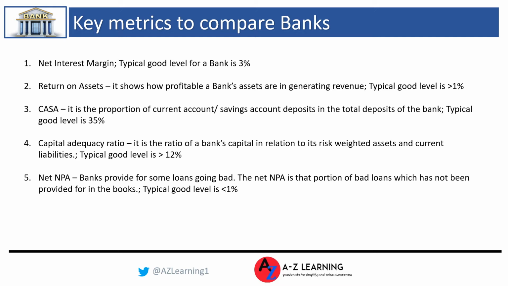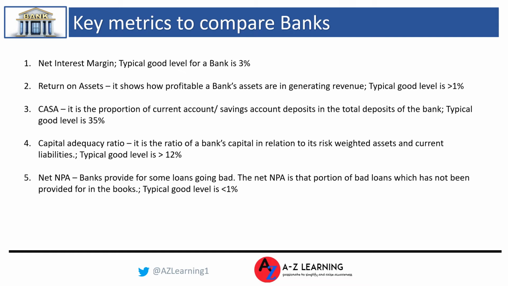At the same time, when the bank lends that money to someone, gives that as a loan to their customer, they earn interest. So they earn interest on the loans and they pay interest on the deposits. Whatever is the difference between these two types of interest is called net interest margin.